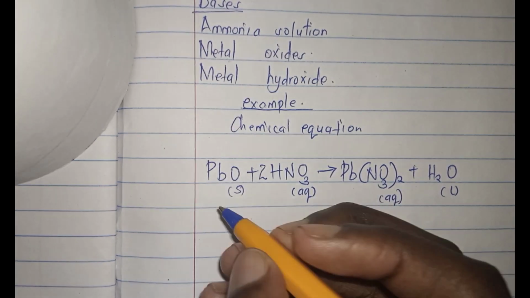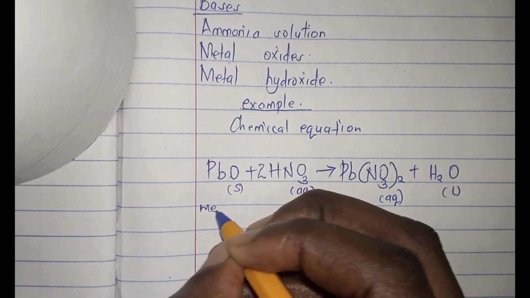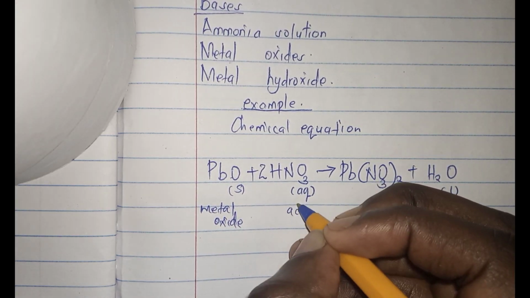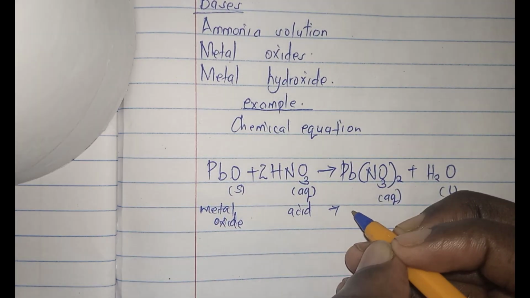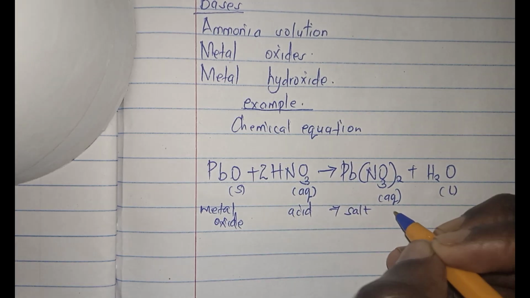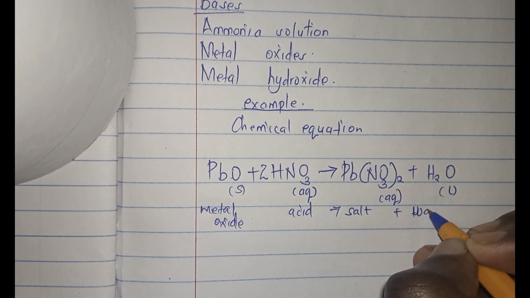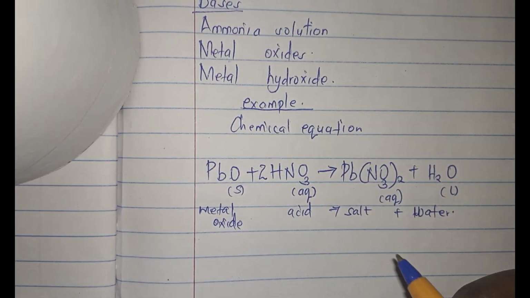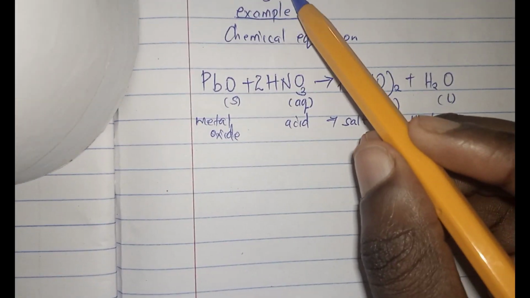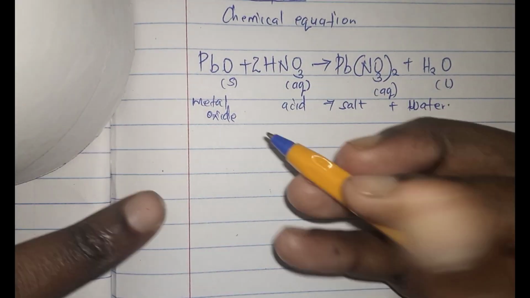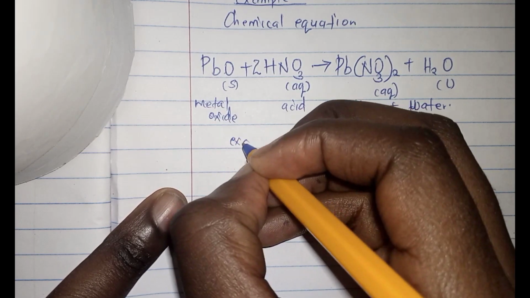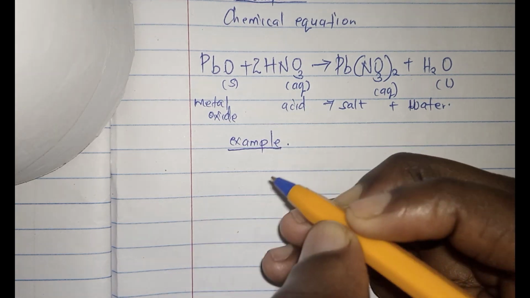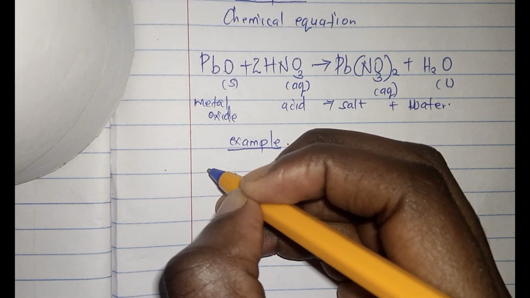So this is an example. Lead oxide is a metal oxide. Nitric acid is the acid, and lead nitrate is my salt formed, plus water. Another example, for metal hydroxide: I am reacting a metal hydroxide plus an acid. I will go with calcium hydroxide.